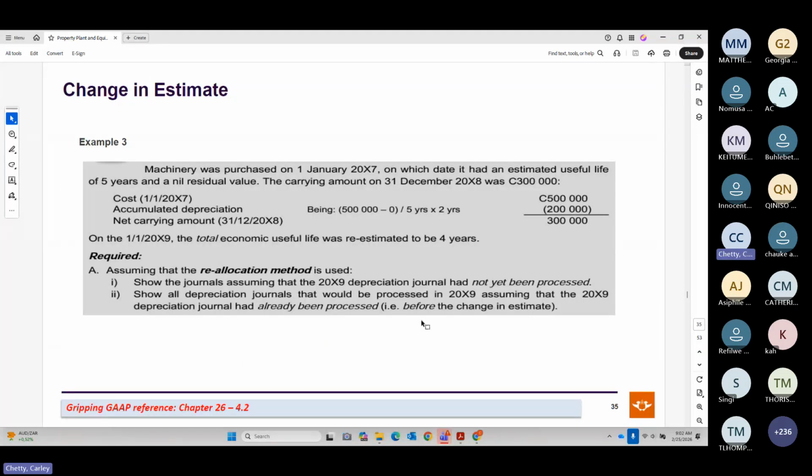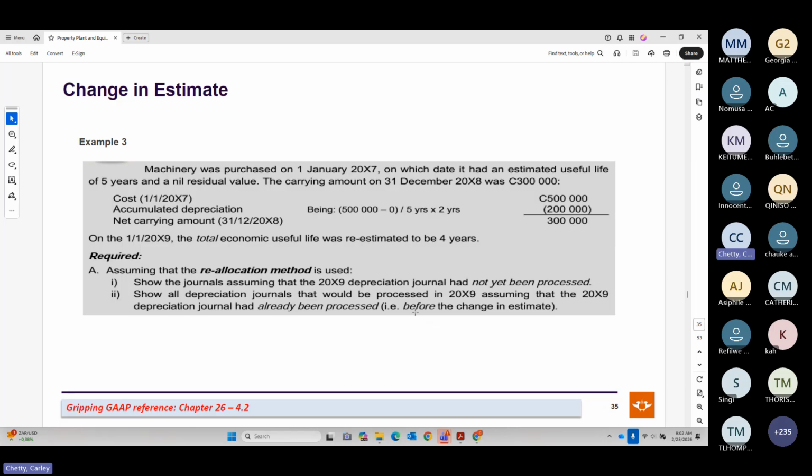Let's have a look at an example here. A machine was purchased on 1 January 20x7, on which date it had an estimated useful life of 5 years and a nil residual value. The carrying amount on 31 December 20x8 was 300,000.